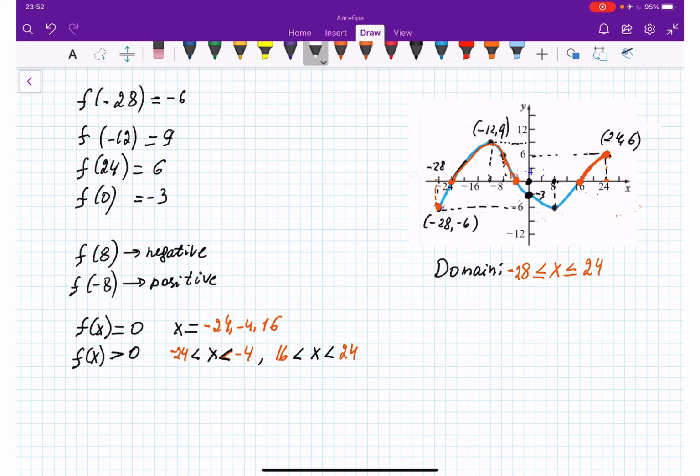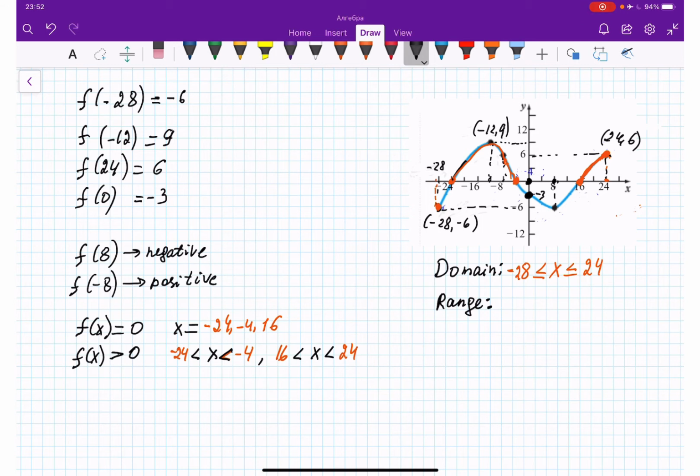Okay. Range, now we are going to identify the range. Okay. So first of all, domain is a change of x. Range is a change of y. So how is the range changing? What's the lowest point on the y?